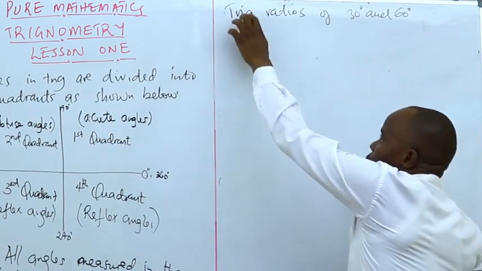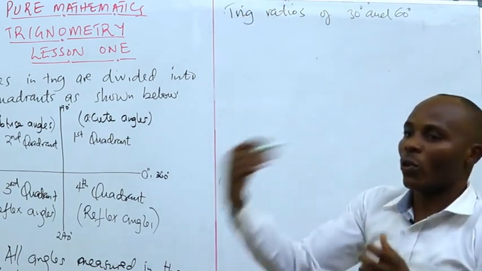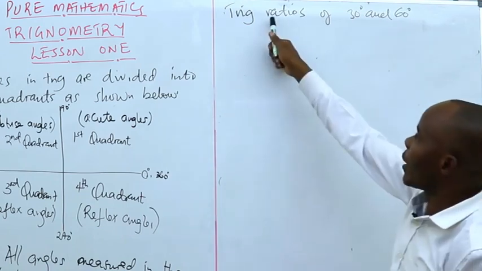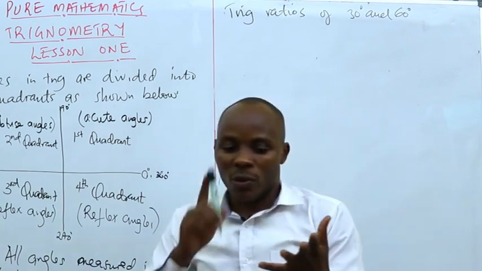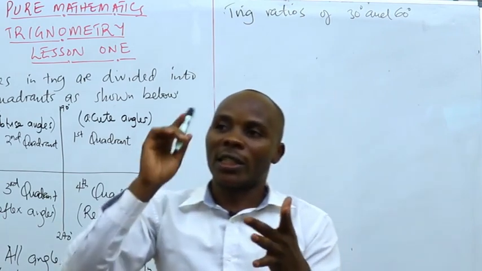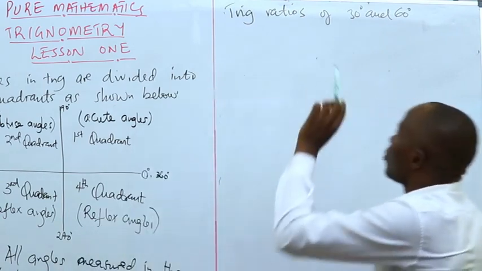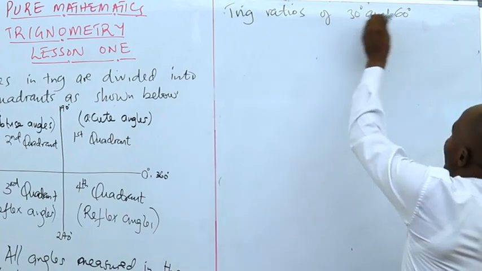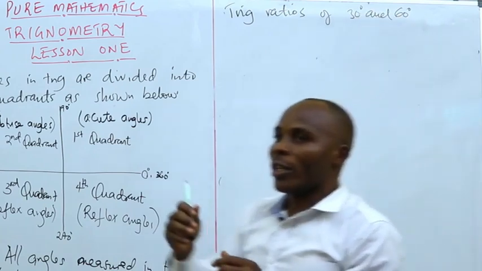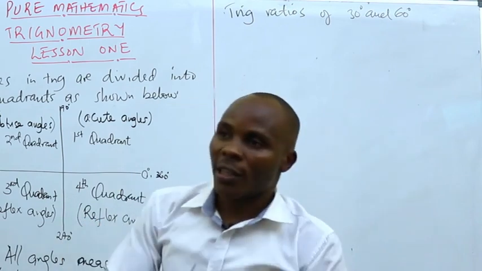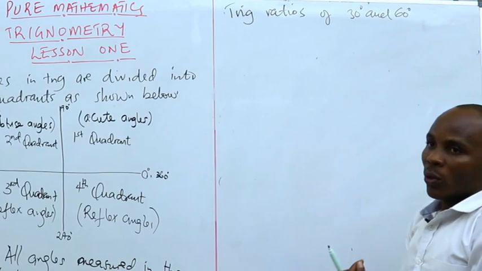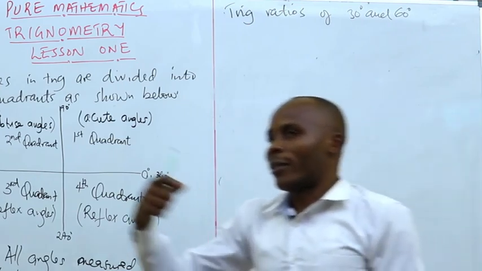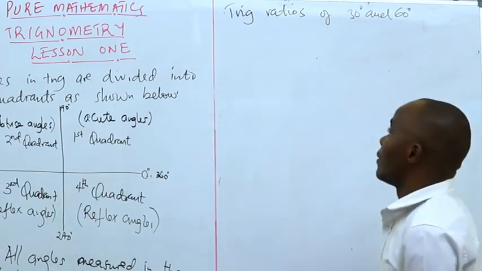I've said trig is the short form of trigonometry. We have just looked at the trig ratios, and discovered we have sine, cosine, and tan. So when I talk of the trig ratio of 30 and 60, I'm referring to the sine of 60, cos of 60, and tan of 60, and so is the 30.